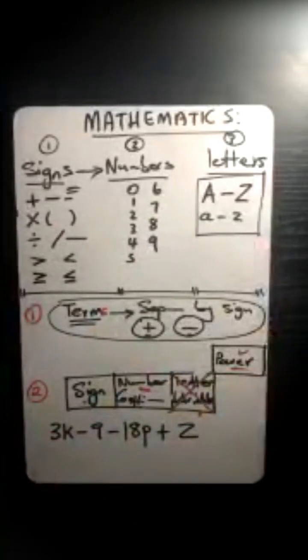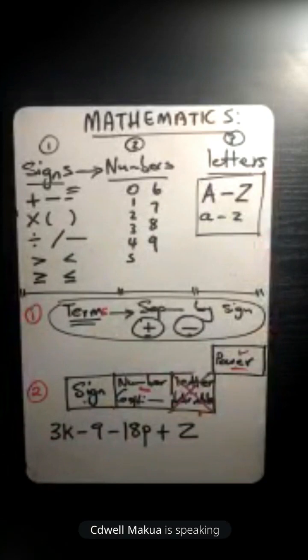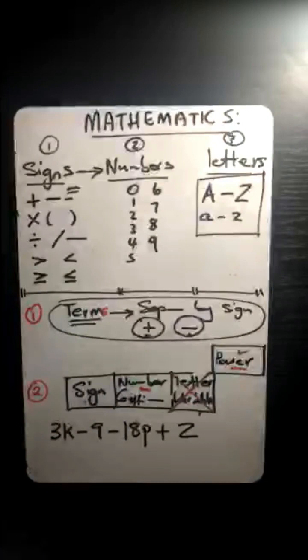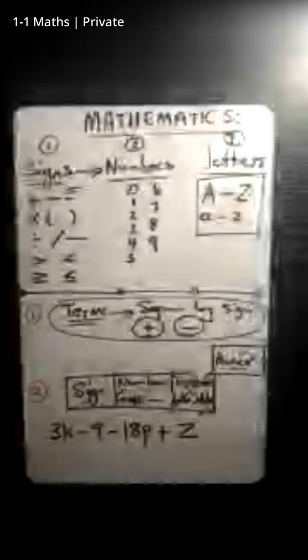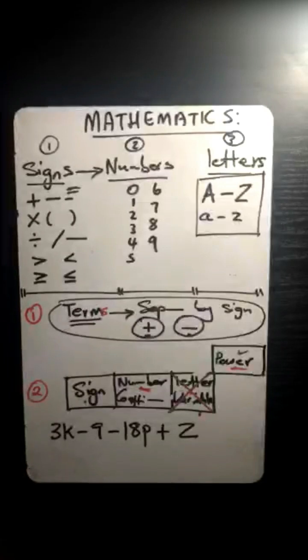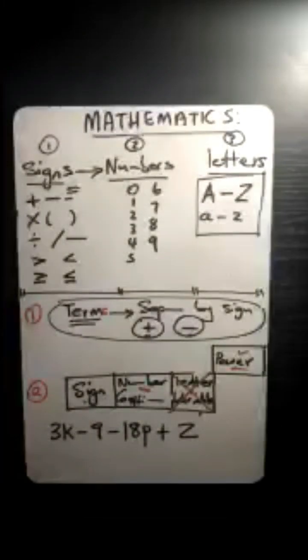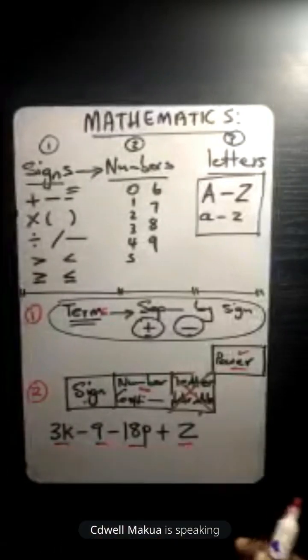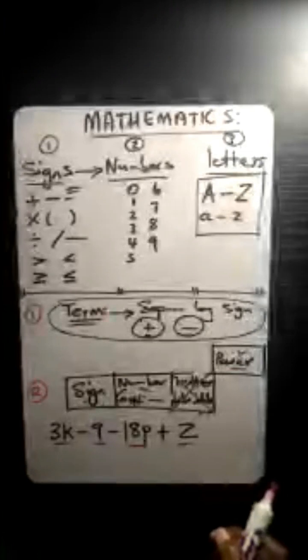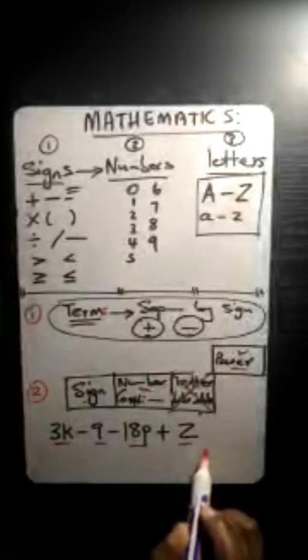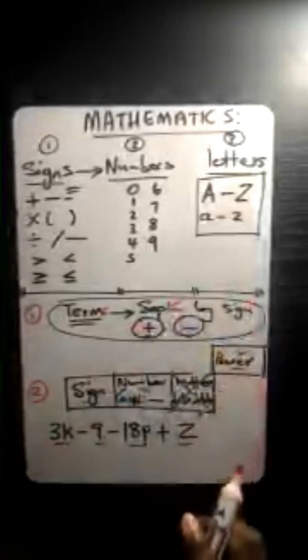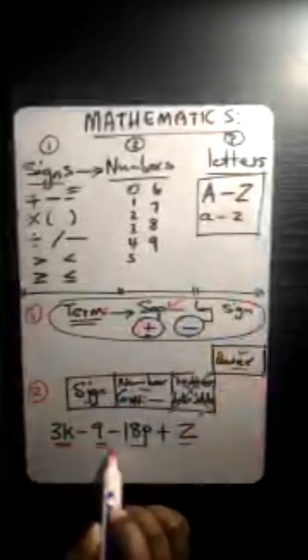Those separated by plus, separated by a sign, by minus. 1, 2, 3, 1, 2, 3, 4. 100%. 1, 2, 3, 4. These are the 4 terms that we are having there. Then once you have identified how many terms, that's when you can do the interpretation of each term.